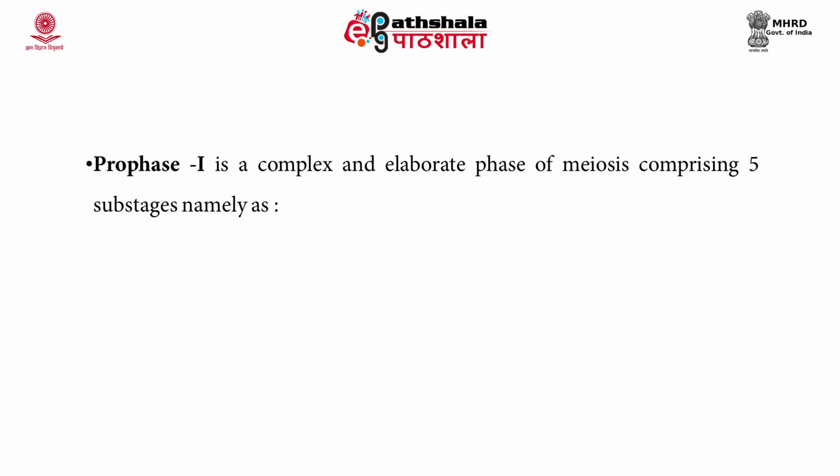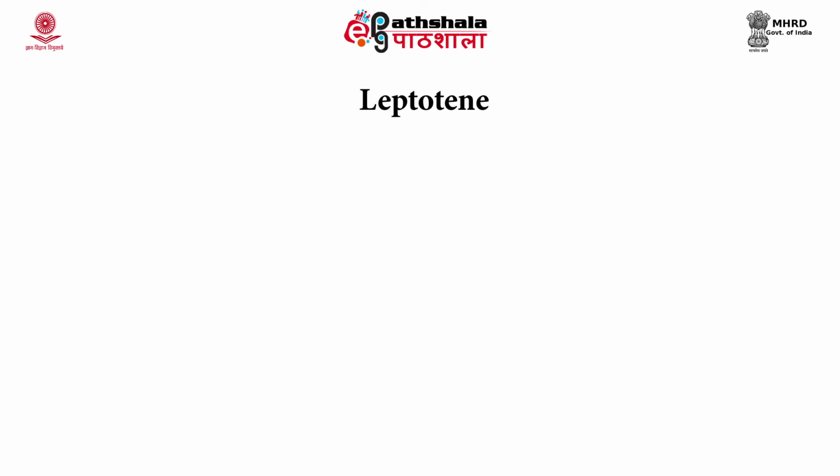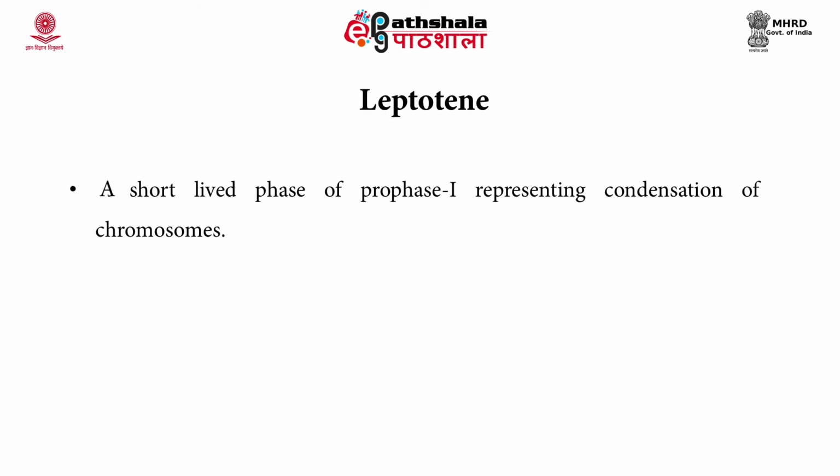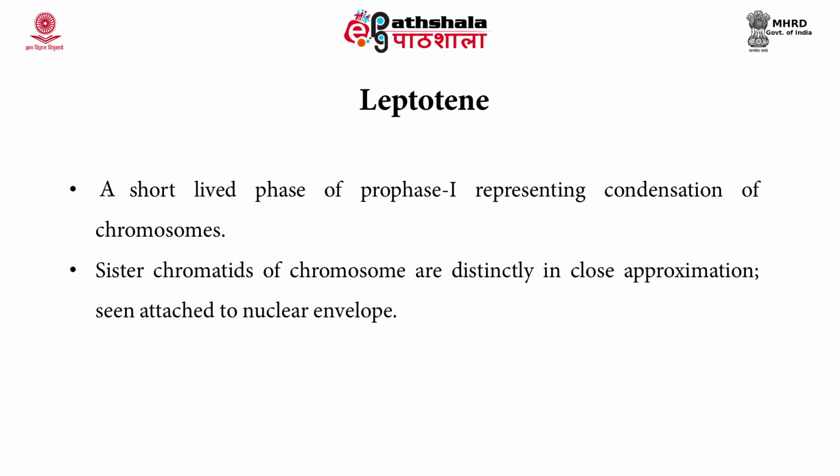Prophase I follows interphase I. It is a complex and elaborate phase of meiosis comprising 5 substages, namely leptotene, zygotene, pachytene, diplotene, and diakinesis. Leptotene of prophase I. It is a short-lived phase representing condensation of chromosomes.